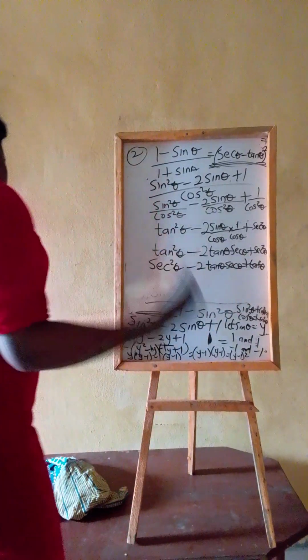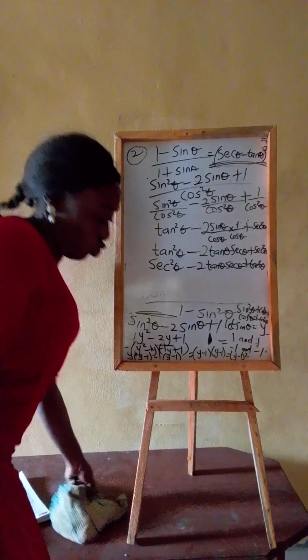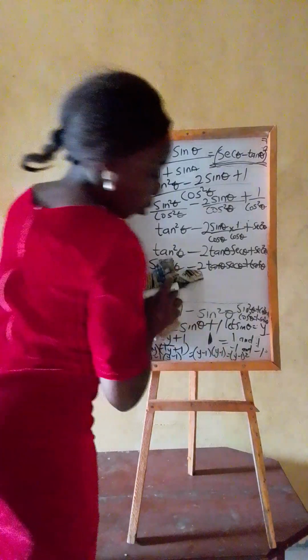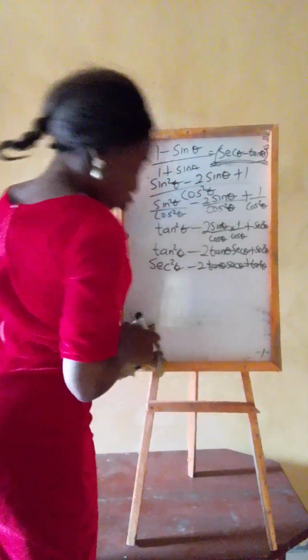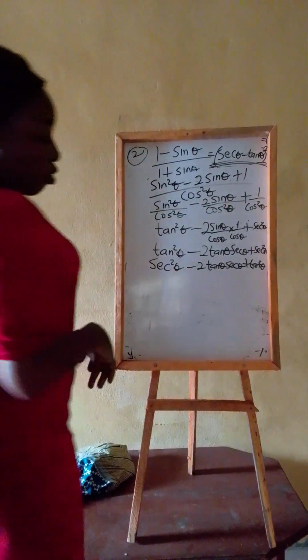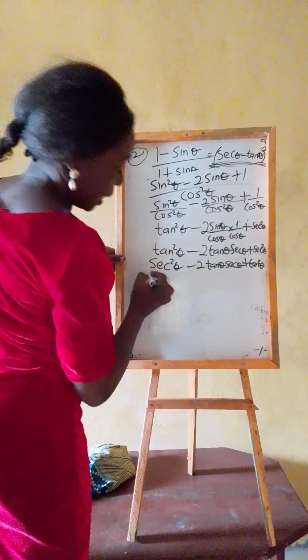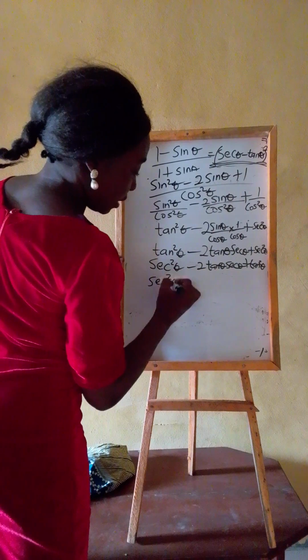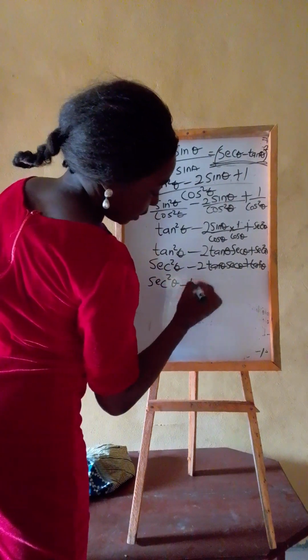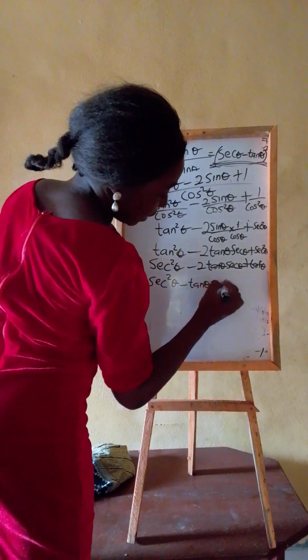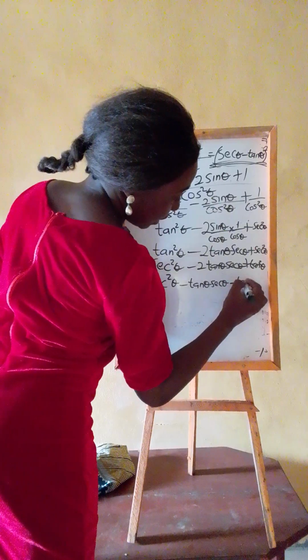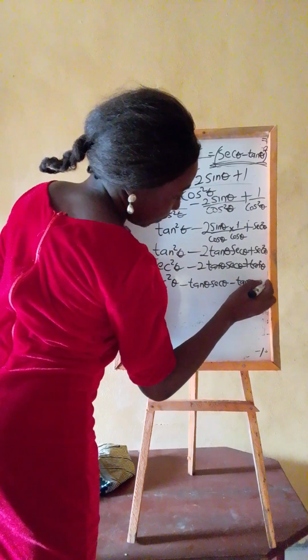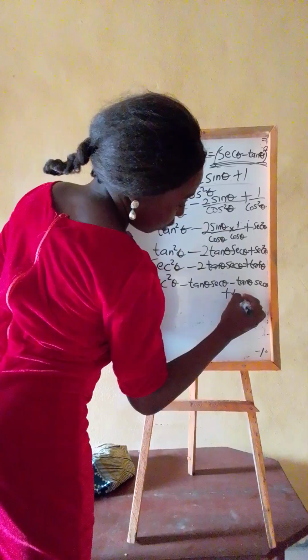So this is still forming a quadratic equation; I'm just taking it another way. So this is like sec squared theta minus tan theta sec theta minus tan theta sec theta plus tan squared theta.